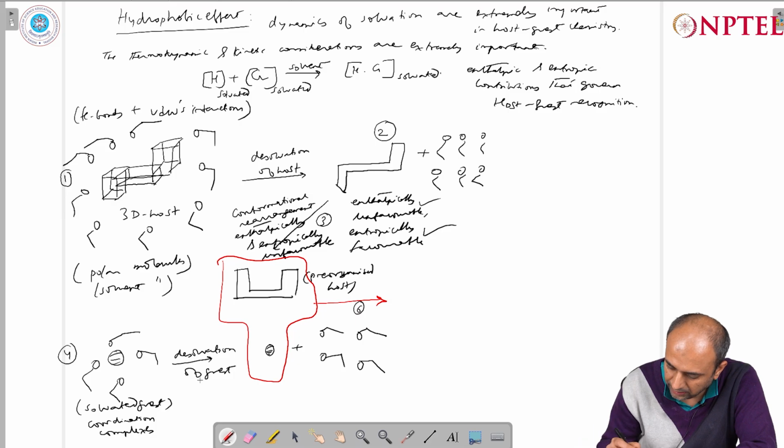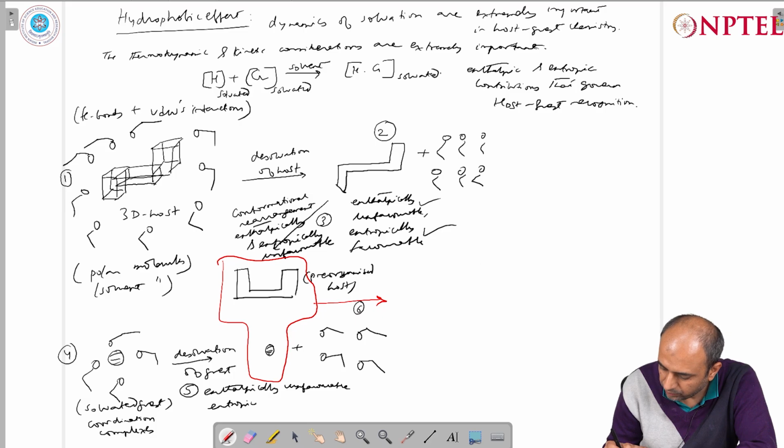So, the fifth step is here, the desolvation of the guest. Now, desolvation of the guest again is like the desolvation of the host, is enthalpically unfavored and entropically favorable.